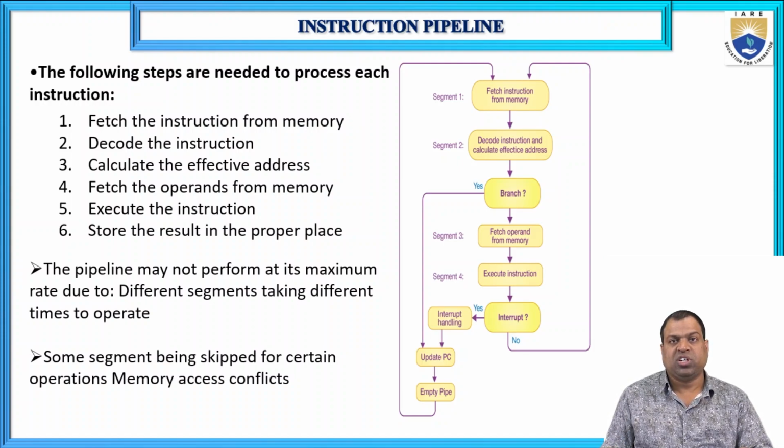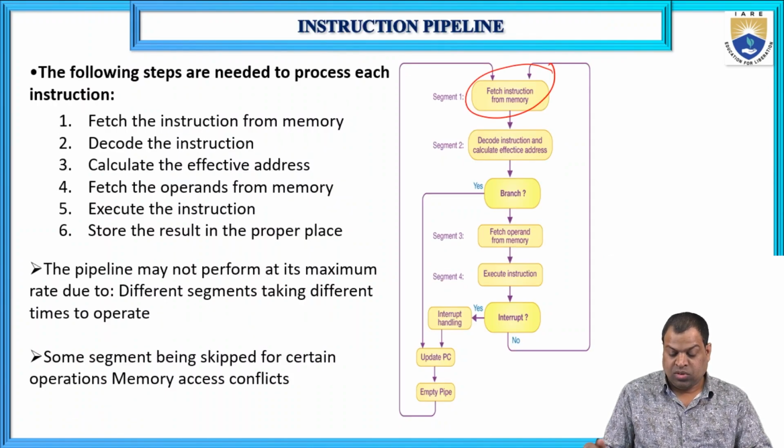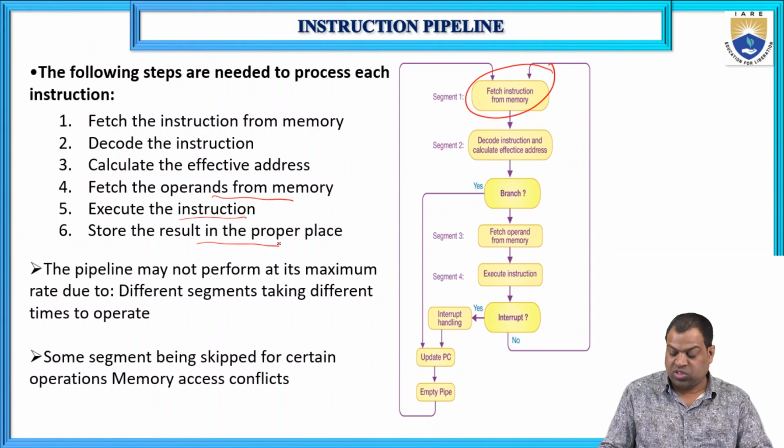First, fetch the instruction from memory. We have already given some instructions to the processor, so the processor fetches the instruction from main memory or cache memory. After fetching, we decode, calculate the effective address, fetch the operand from memory, execute the instruction, and store the result.